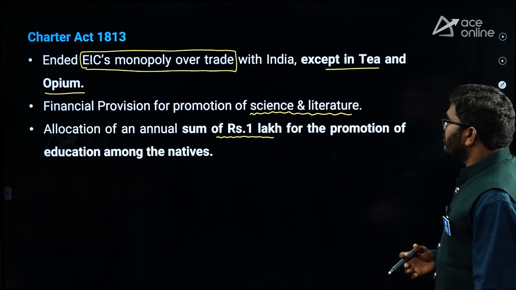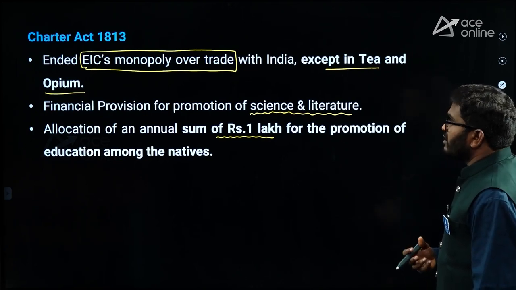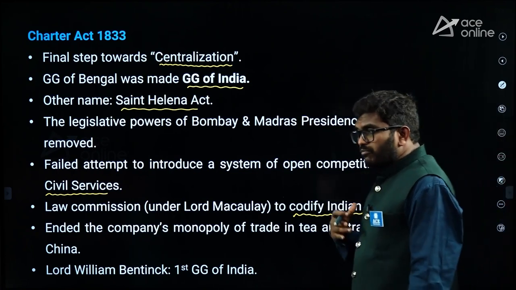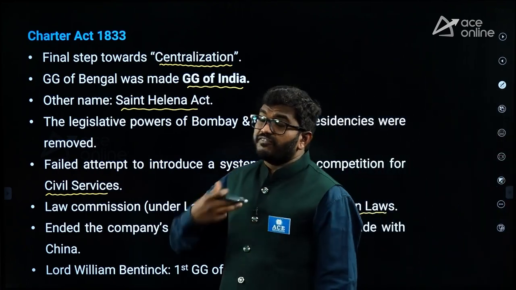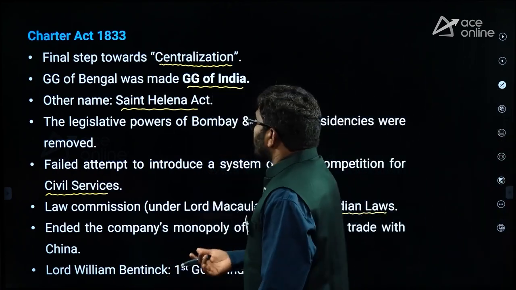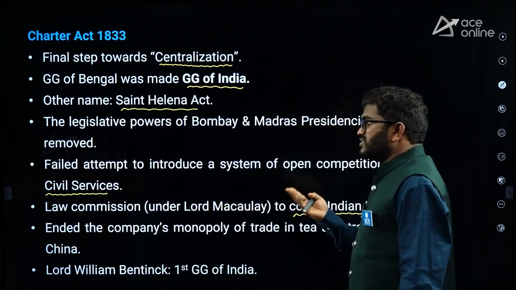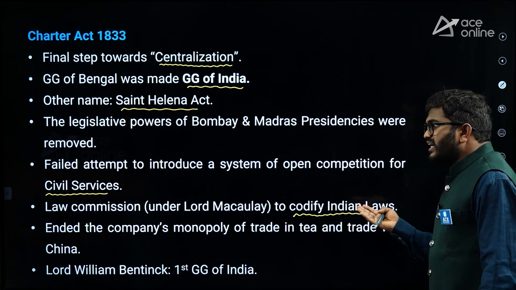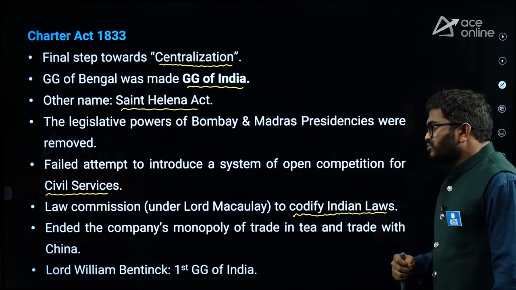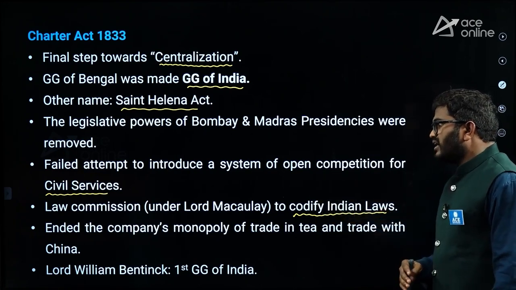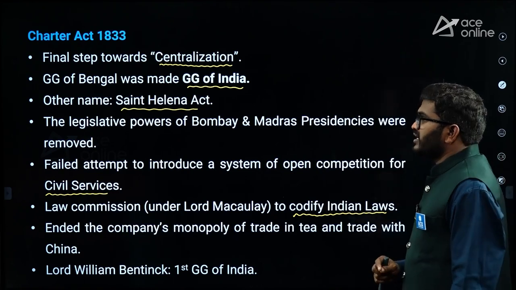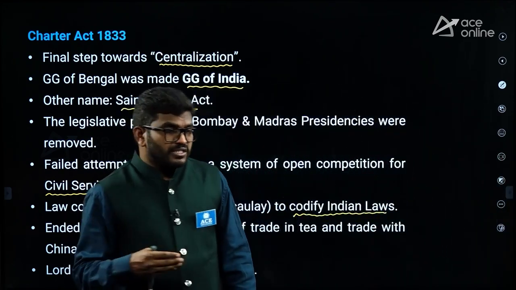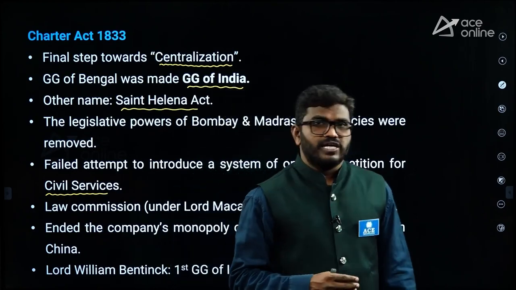For education, science and literature they encouraged. Governor General of Bengal was converted into Governor General of India. Then civil services started, but failed. Indian laws were codified through Lord Macaulay, and the company's monopoly was ended completely. These are the developments that evolved in the company's rule period.